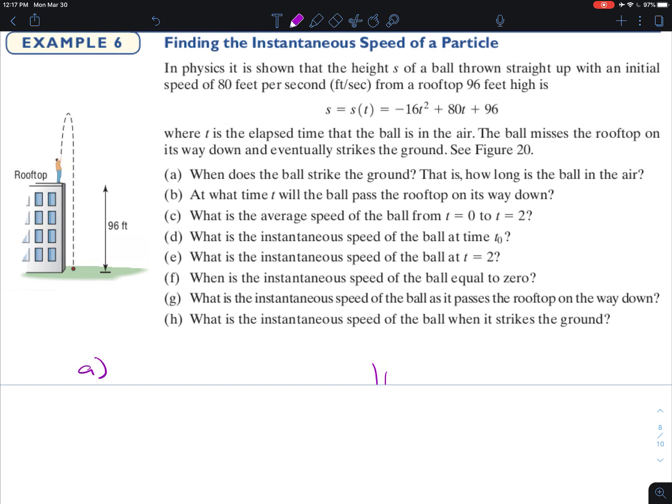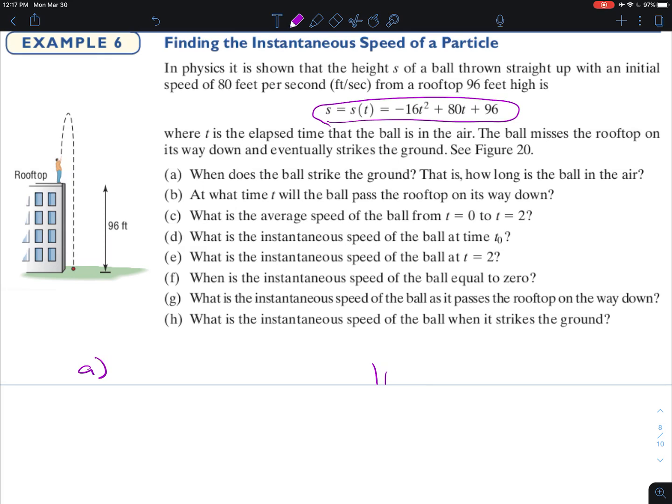So A, first question here, looks like we're throwing a ball up off a rooftop, standing 96 feet above the ground, and we have an equation that represents the speed. It's thrown up at 80 feet per second from a rooftop that's 96 high.